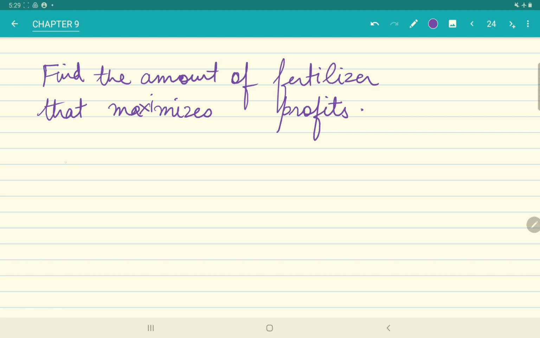For that, we have to understand what pi of n is. What is the profit? Pi of n is P y of n minus Q n.